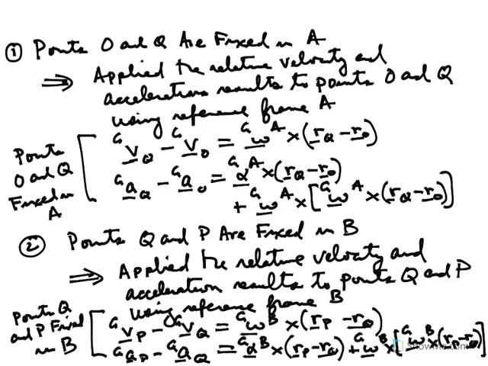So this example shows you how you can use the relationship between the velocity and acceleration of two points on a rigid body to compute the accelerations in cases where you know that the points maintain a constant distance from one another because they're fixed in the same rigid body.